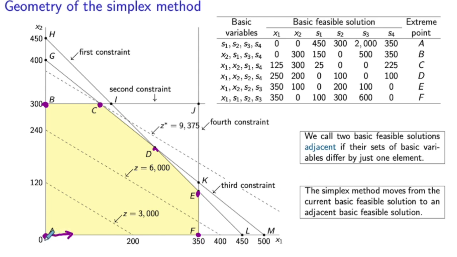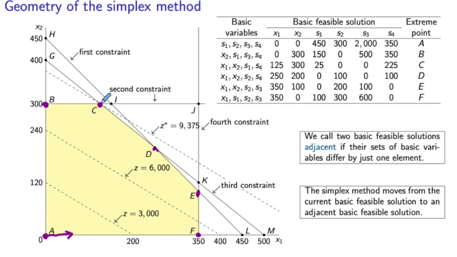So for example, when we went from A to B, what happened? We had x2 as the entering variable, and we had s2 as the leaving variable. So one variable entered the basis, one variable left, but the bases between A and B differ only by 1 variable. When we went from B to C, also we dropped 1 basic variable and replaced it with another.